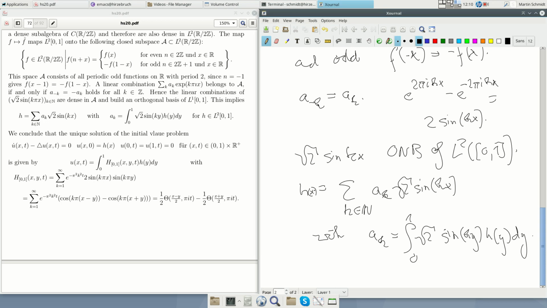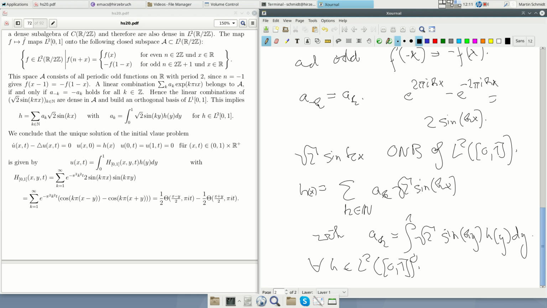In this way we have decomposed every function h in L2 of (0,1) as a linear combination of eigenfunctions of the Laplacian with Dirichlet boundary conditions.